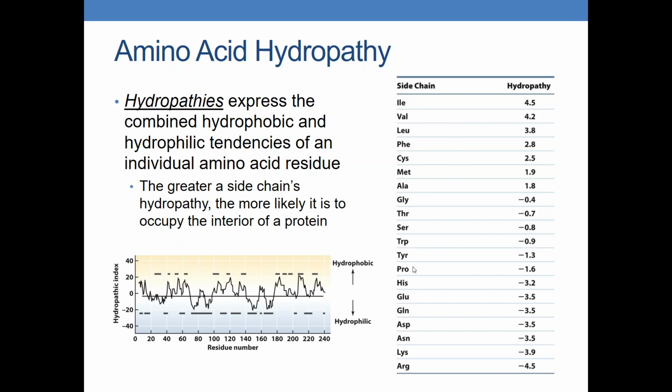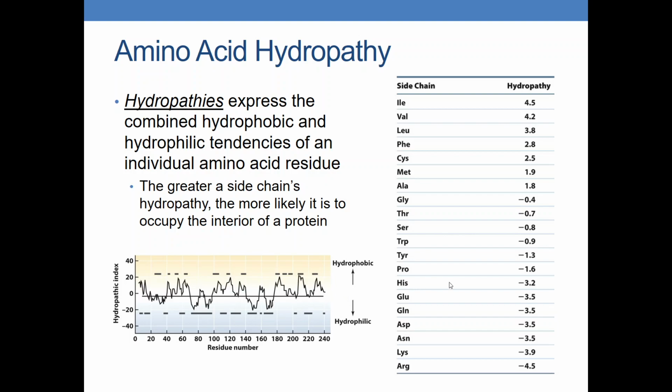As we keep working our way down the list, you'll see arginine at the other end, minus 4.5. So your negative values are amino acid side chains that would be considered polar and are likely to be solvent accessible. So when we look at the entire protein sequence, we lay out an amino acid sequence for a protein from end to end. What we can do is actually plot the hydropathy index for each amino acid end to end.